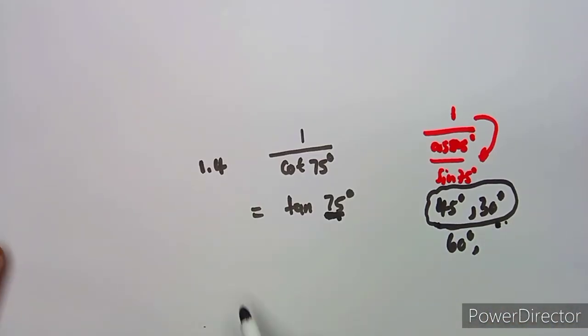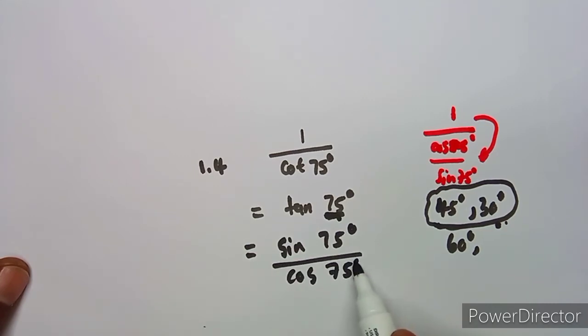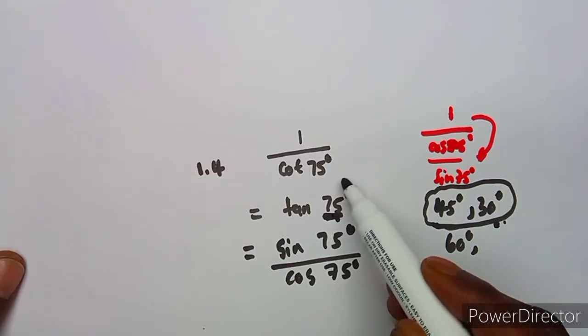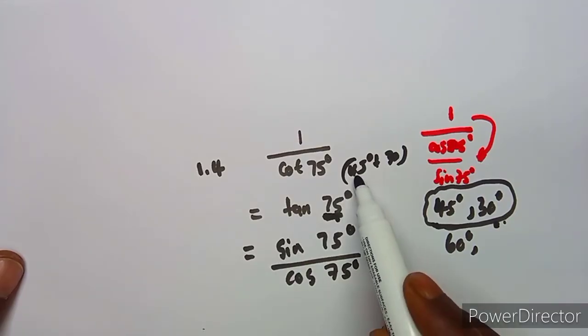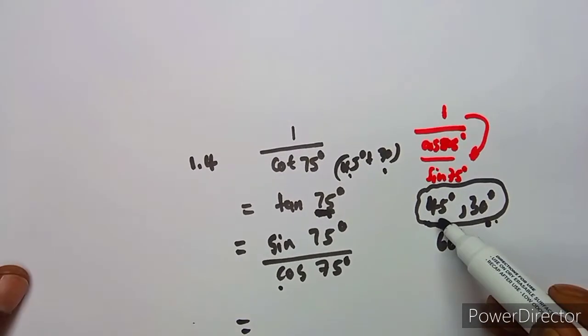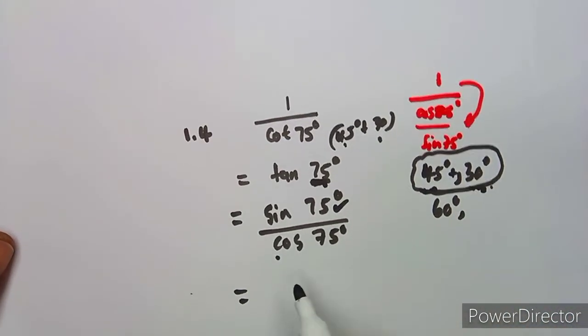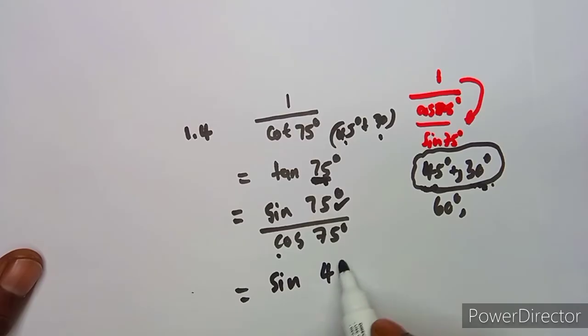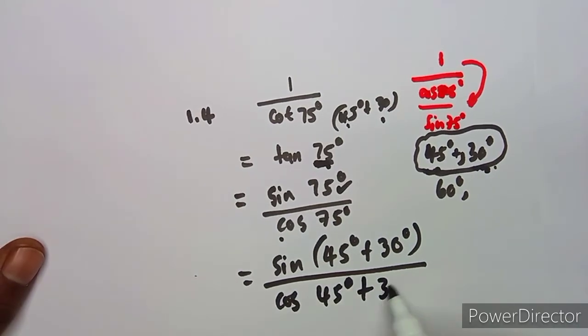So we have to write it in terms of something clear to us, which is sine 75 over cos 75. I was just supposed to write this as 45 plus 30. But still, it's one and the same thing. We said 45 and 30 are the two angles that we add to give us 75 here. So it's going to be sine 45 plus 30 over cos 45 plus 30.